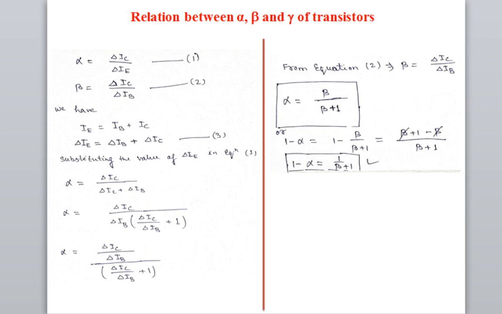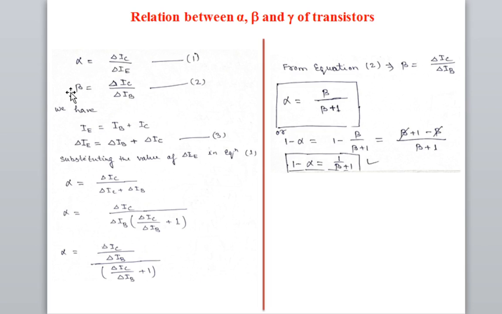As previously discussed, alpha is the change in collector current upon change in emitter current, that is for the common base transistor, and beta is the change in collector current upon change in base current, that is for the common emitter transistor. So this is the definition.